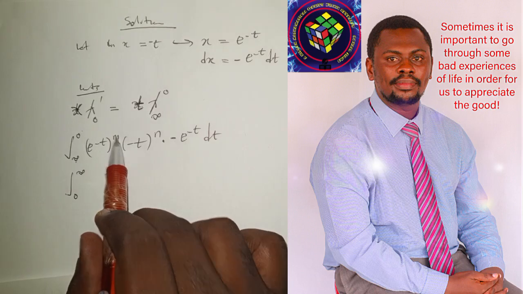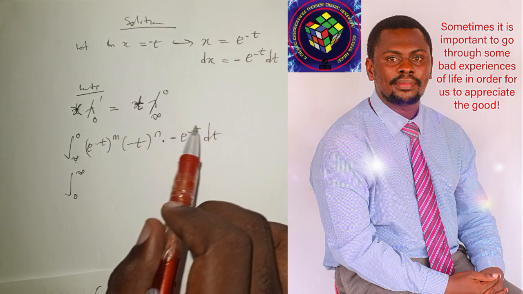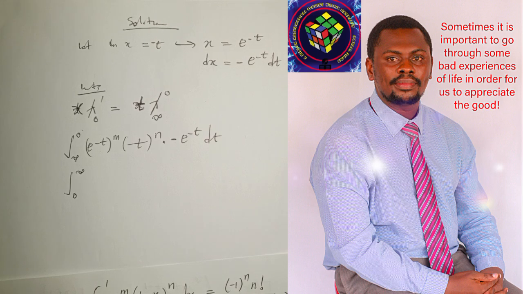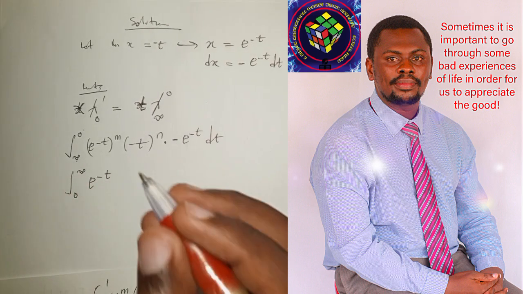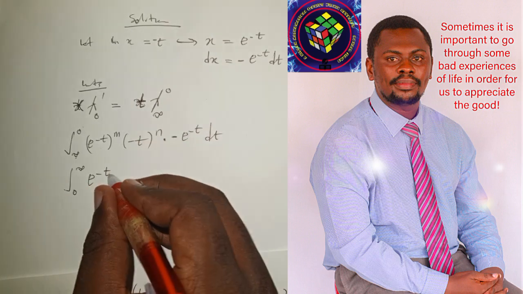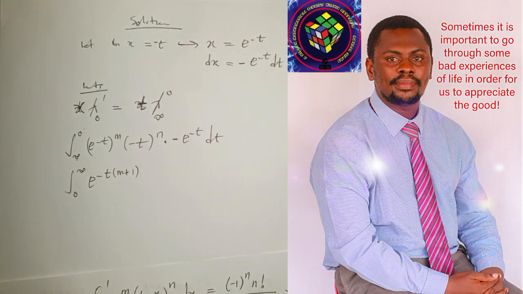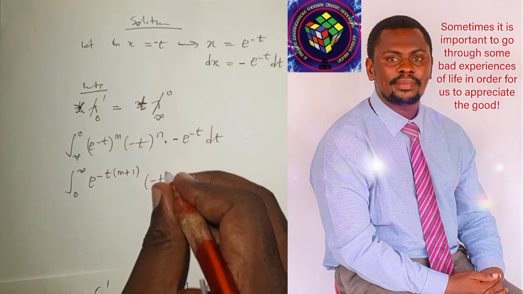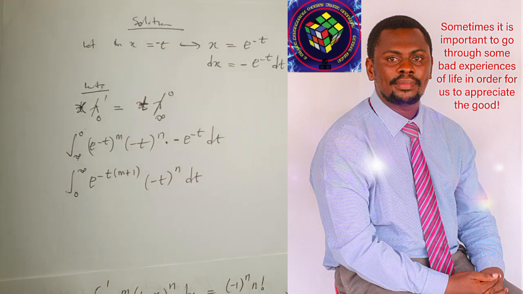The power here is m, the power here we consider to be 1. So we are going to have m plus 1. So we have e to the minus t, then again to the power m plus 1. Then here we have minus t to the power n dt.